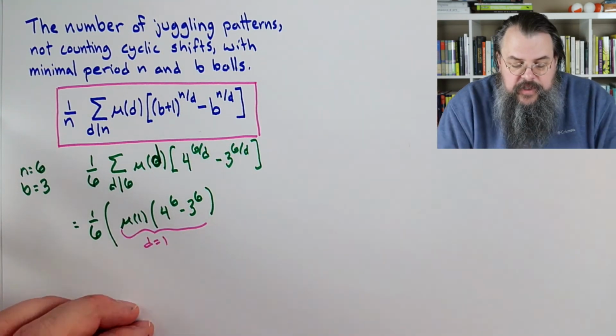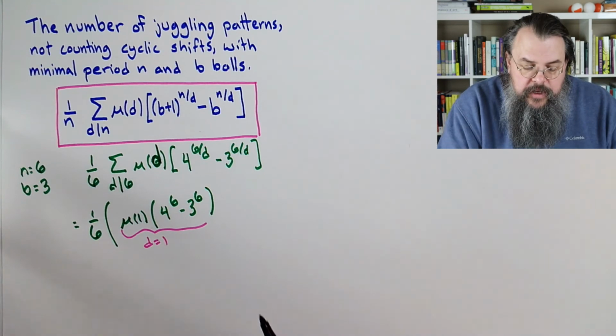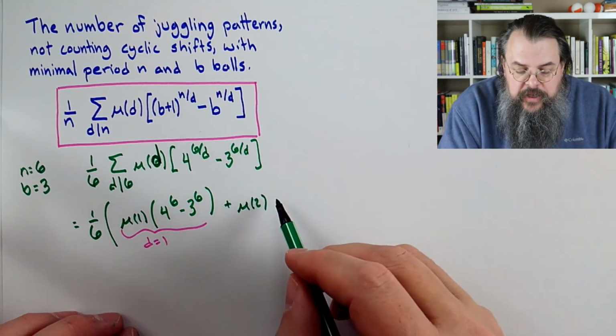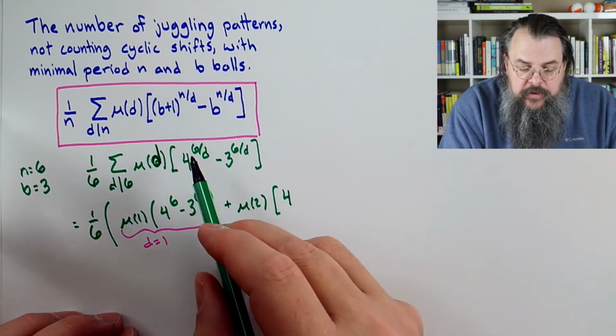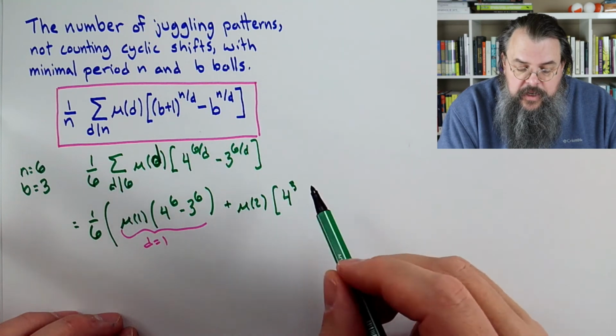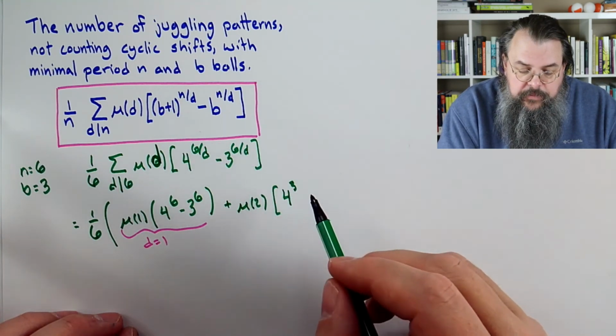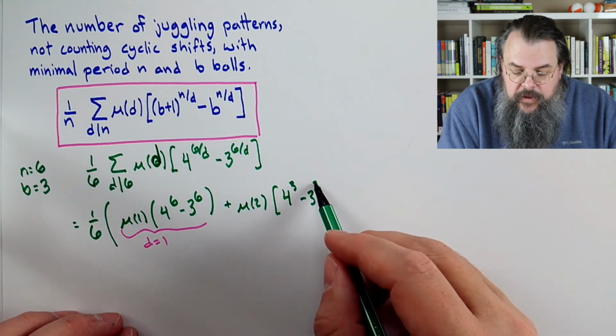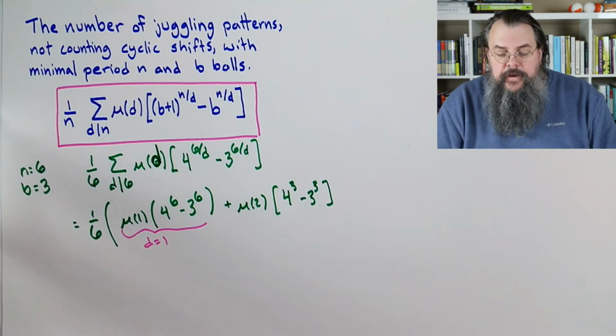Just for sanity, we'll write underneath. That's d equals 1. And okay, go to 2, and that will be 4 to the 6 over 2 is cubed, and 6 over 2 still cubed. Okay, good.